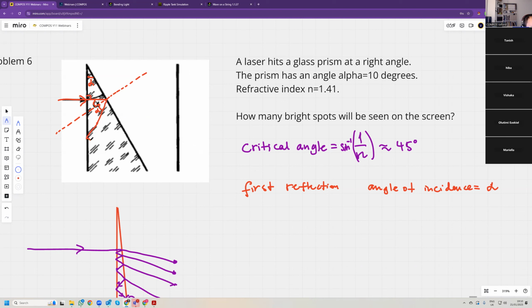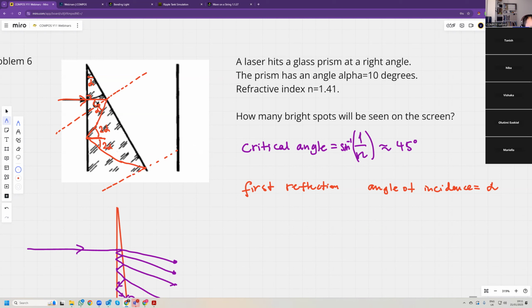It reflects here again, so this is 2 alpha. So it reflects at 2 alpha, and it now hits the boundary at an angle of, what's the angle?